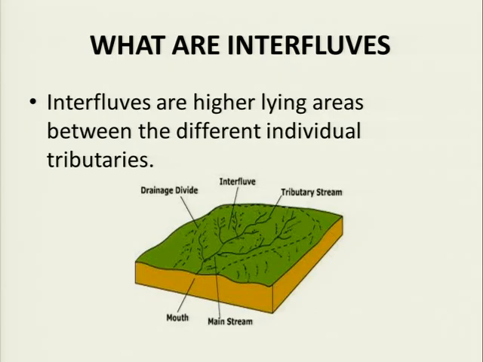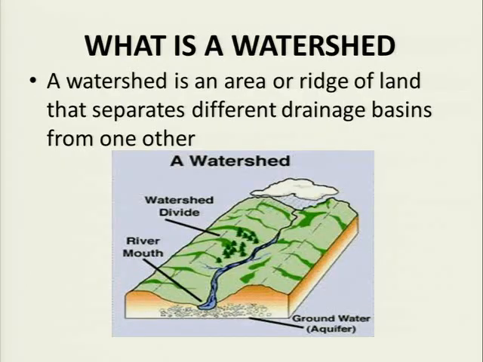Okay, so those are the higher lying areas between the individual tributaries. Do not mix it up with the watershed. Okay, you will see in between those different little streams, there are higher lying ground areas. So they only separate the different individual tributaries.